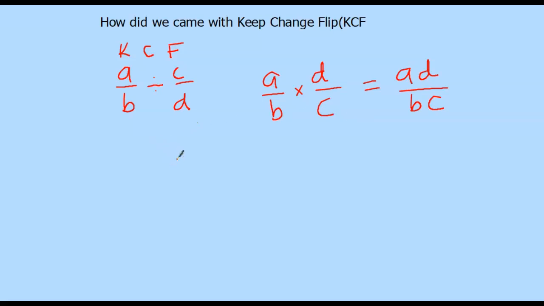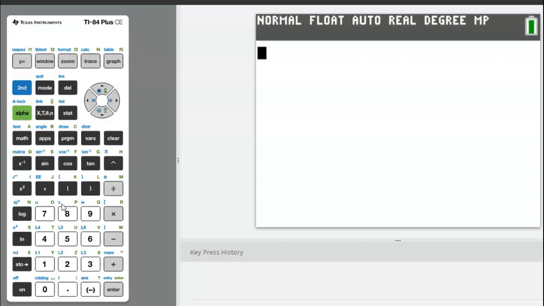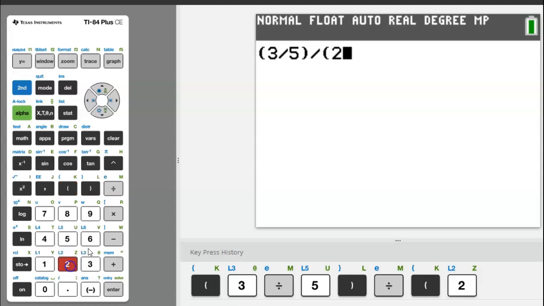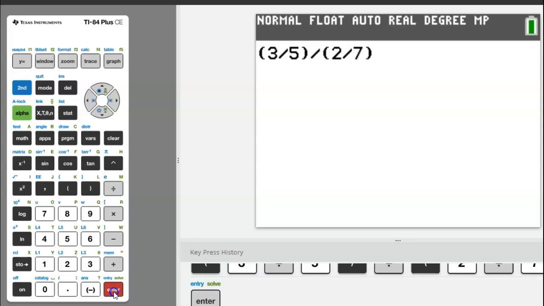Now let's use a calculator to verify. There are 2 ways of doing that. So make sure you use the parentheses here, and you type your 3 divided by 5, you close it, you divide again, and you bring the parentheses again, 2 divided by 7, close it, and you enter, get 2.5.